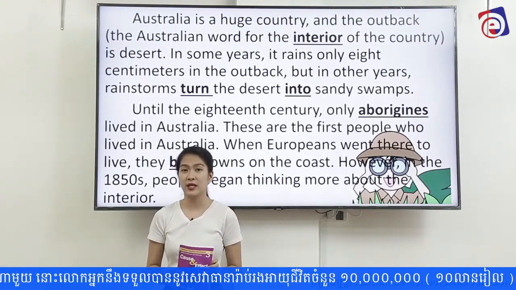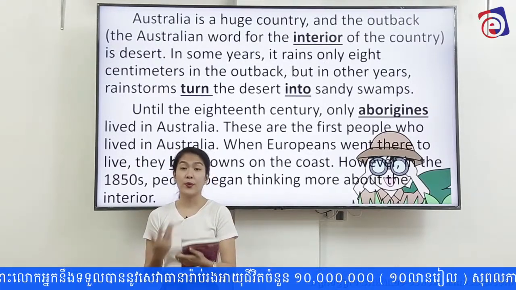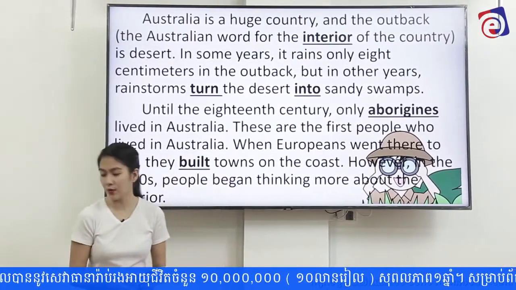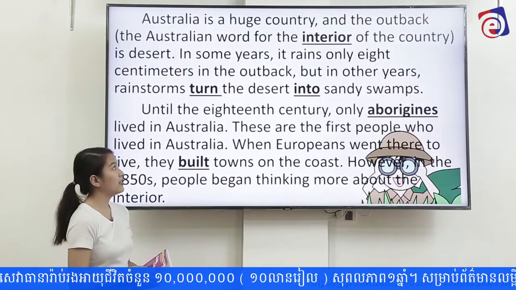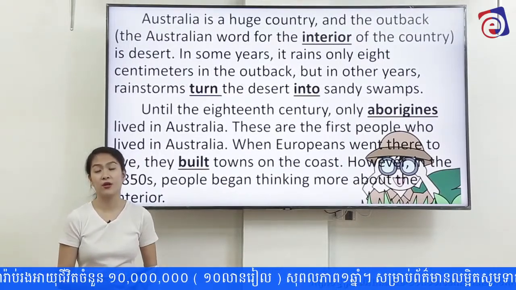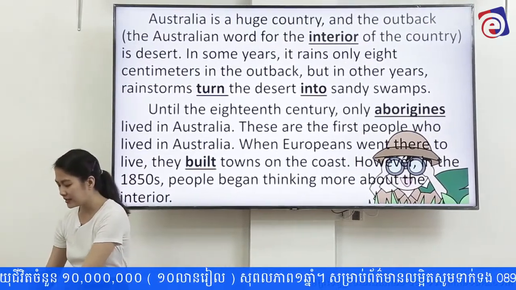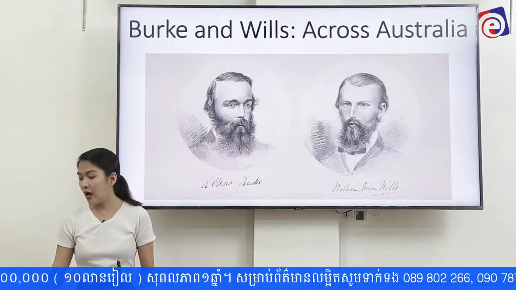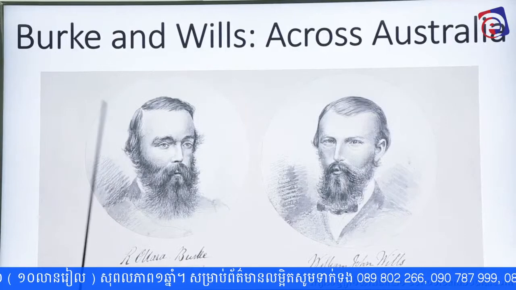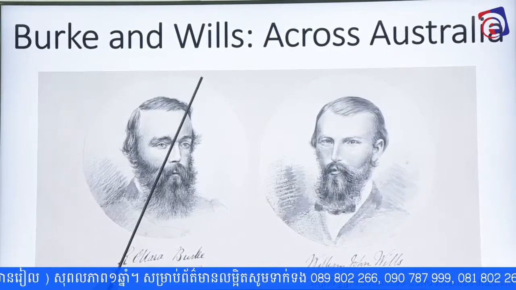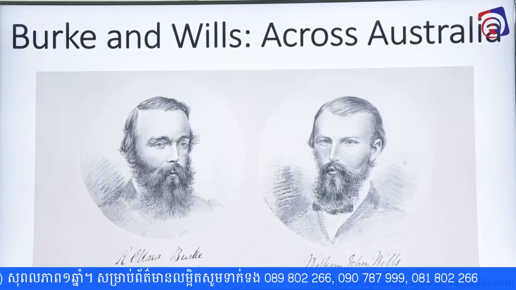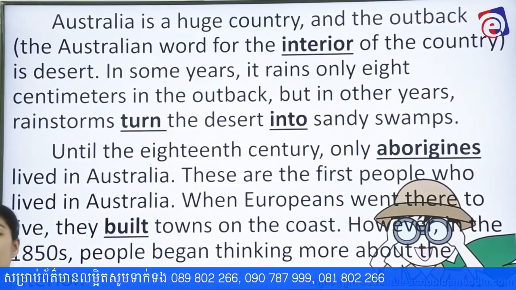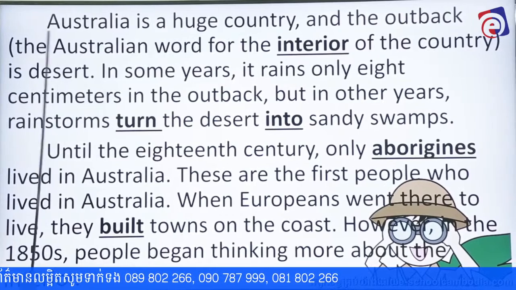So it is important that you improve your reading first. So let's read this article or story about these 2 explorers. The title of our article is Burke and Wills Across Australia. You can repeat after me or you can read with me.